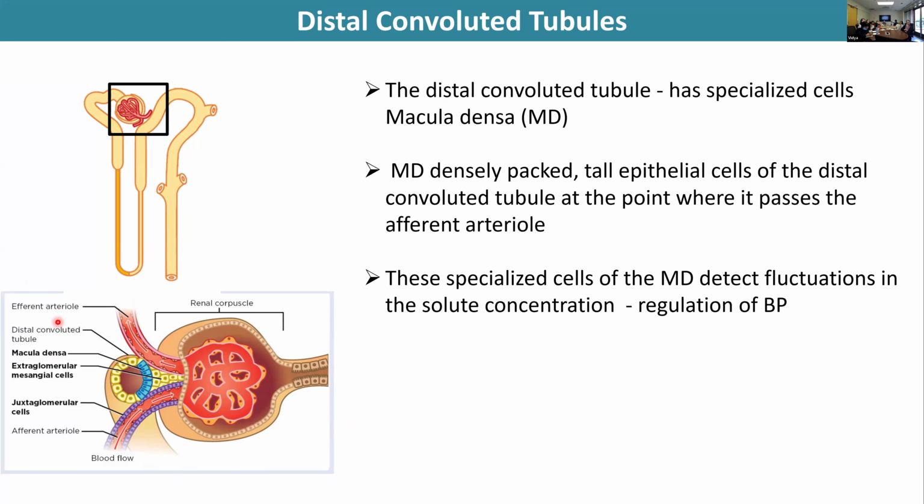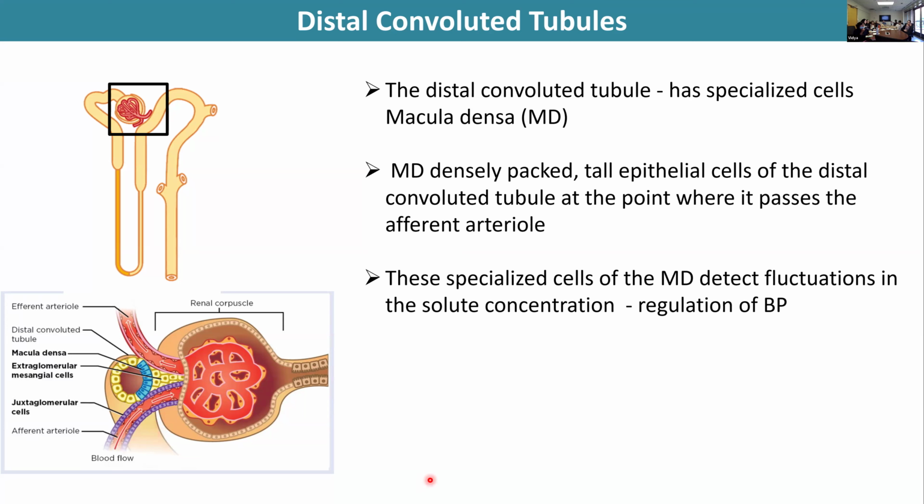And these macula densa detect the fluctuation in the solute concentration. That is, whenever there is a decrease in chloride ion, then they communicate to the extraglomerular mesangium and also the renin cells, which are present next to this afferent arteriole. And thereby, if there is low salt, then the renin is stimulated.